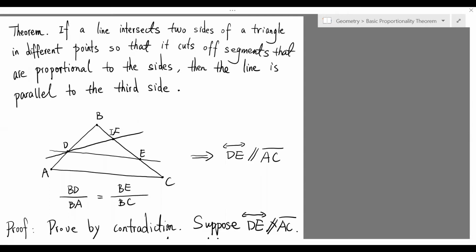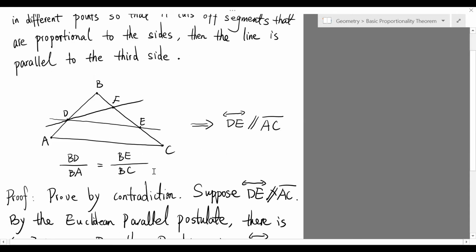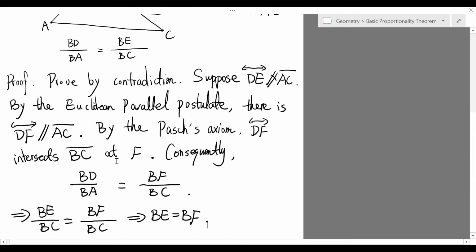In other words, we should not have two distinct points that are of the same distance from B on the ray BC. So that turns out to be a contradiction to the ruler postulate.